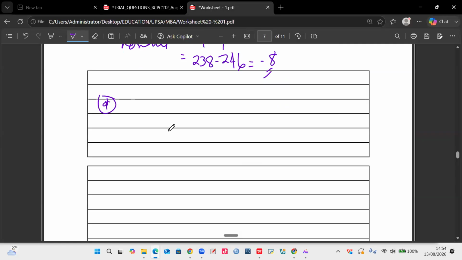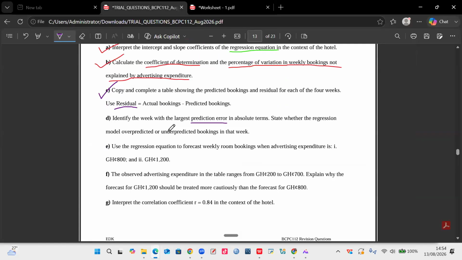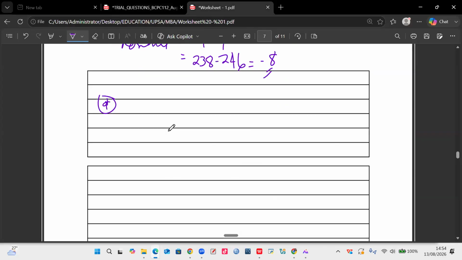The week with the largest prediction error in absolute terms.